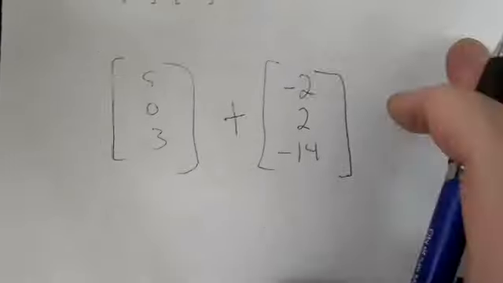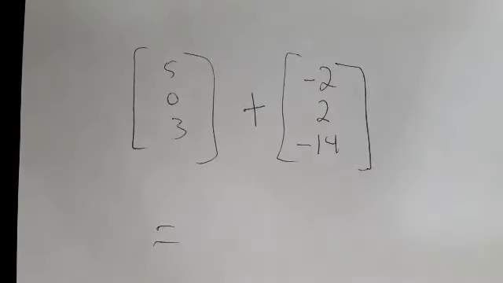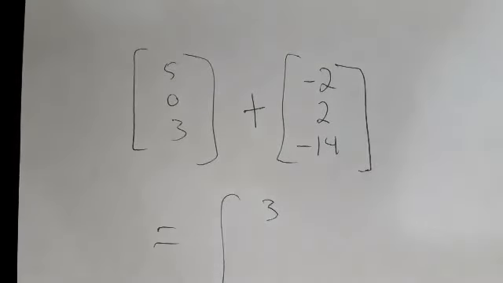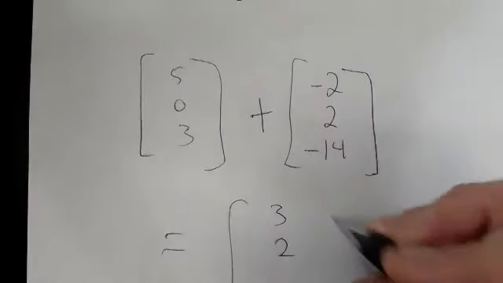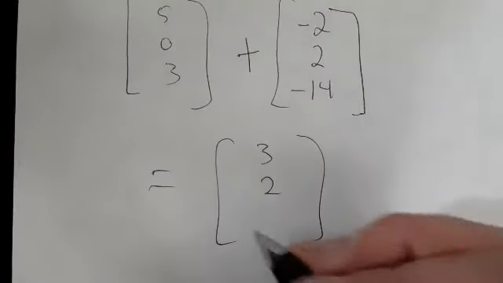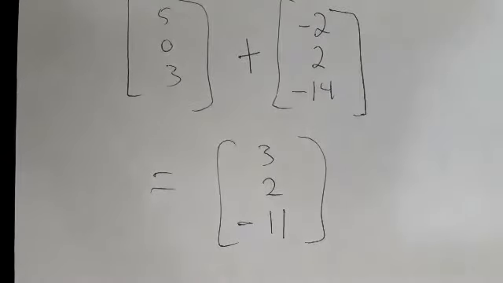Oh man, okay. So close. So 5 plus a -2 is 3. 0 plus 2 is 2. And 3 plus -14 is overall going to be negative, and it's going to be -11.